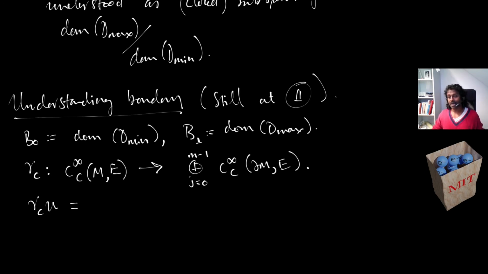Right now it's an ansatz, but we'll see why it's the right map. It connects to the problem that we first wrote out, because there we are interested in understanding the values, or the restriction of the normal derivative or some transversal derivative to the boundary, up to order m minus 1. So that's precisely what this is going to be. So this is u restricted to the boundary.